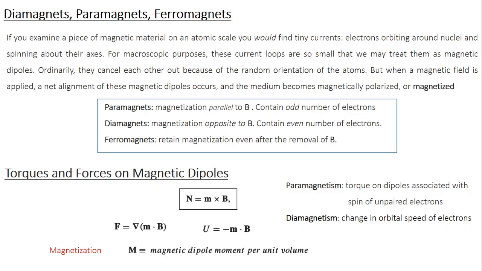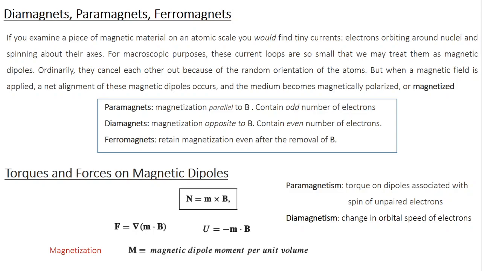So when this kind of material is kept in an external magnetic field, the magnetic dipole of the last electron experiences a torque given by m cross B, and this dipole gets aligned in the direction of the magnetic field. Now a bulk material consists of a large number of atoms. In each atom there is one unpaired electron, so you have a large number of magnetic dipoles aligned in the direction of the magnetic field.